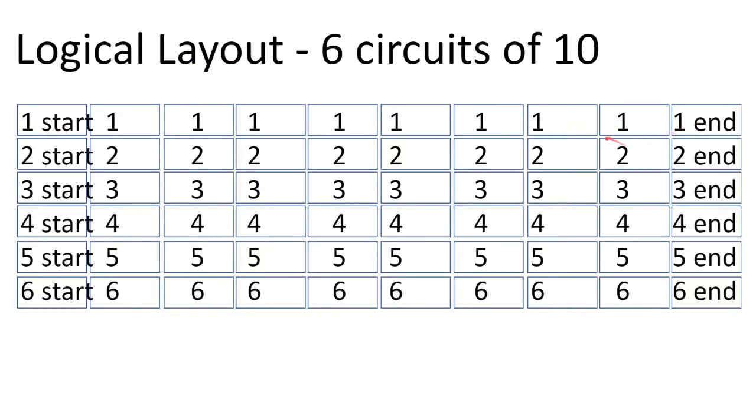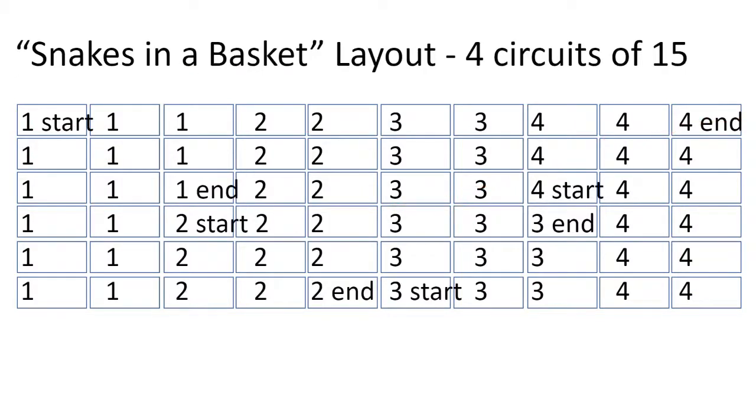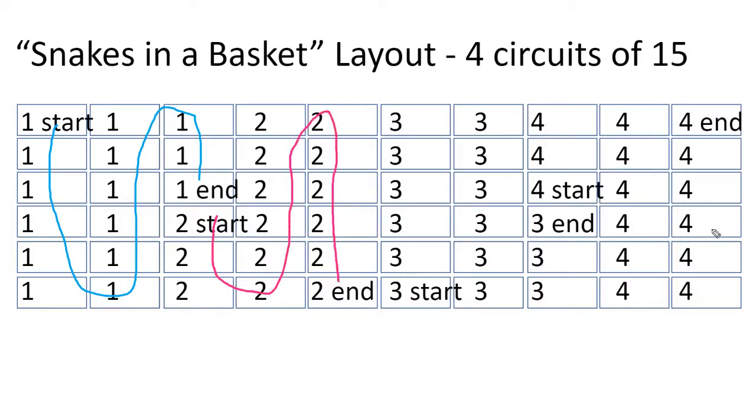The alternate approach I call snakes in a basket, where the circuits randomly start and stop as a winding circuit path is drawn throughout the array. So the first circuit starts here and ends here, and the second circuit starts here and it ends there, resulting in a compact circuit design where the starting and stopping points of the circuits from a zoomed out view are randomly distributed throughout the array layout.